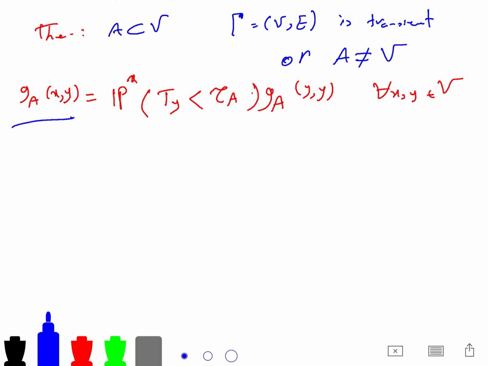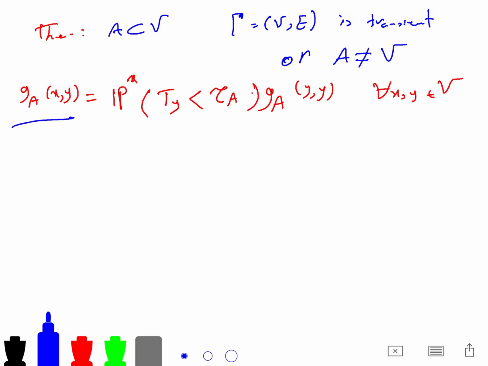So all of us love the strong Markov property because it's a tool to define dependence and independence when you have a long time series.